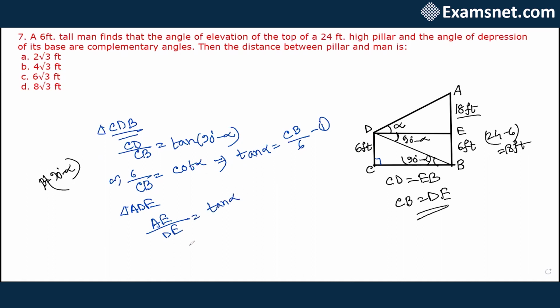AE means 18, and in place of DE, we can write CB because these two are equal. So 18 by CB is also tan alpha. From 1, we can put the value of tan alpha, that is CB by 6, right? So another CB is there.